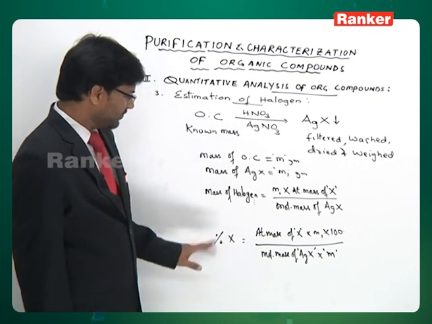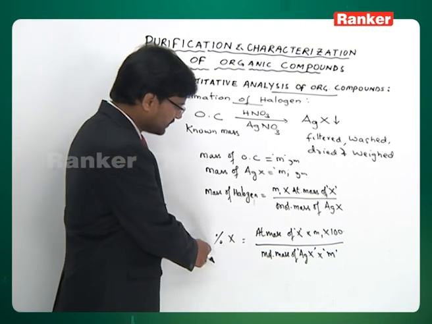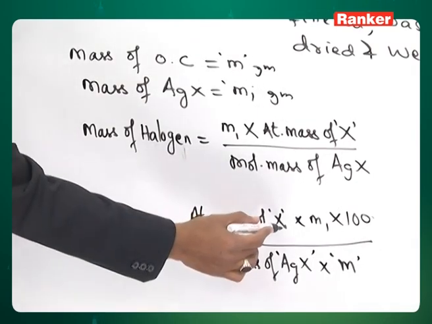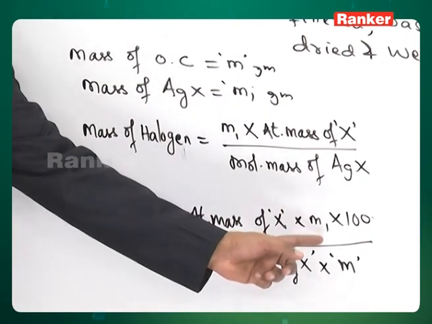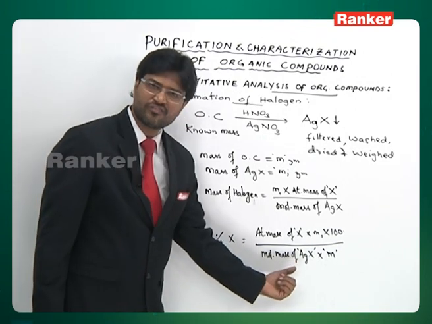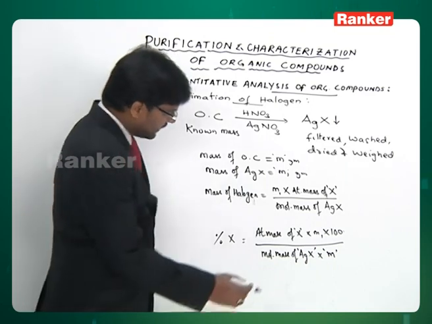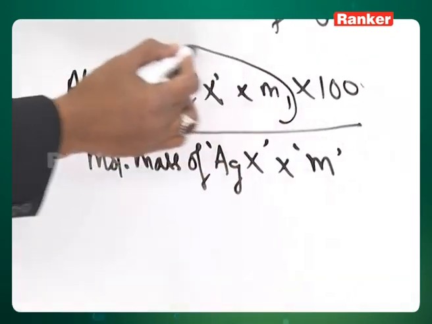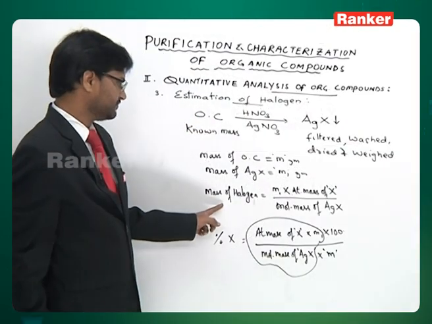Now, from the mass of halogen and the mass of organic compound, it is possible to get the percentage of halogen. It is equal to atomic mass of halogen into m1, where m1 is the mass of silver halide, into 100 divided by molecular mass of AgX into mass of compound. Actually, this part of it is nothing but mass of halogen.